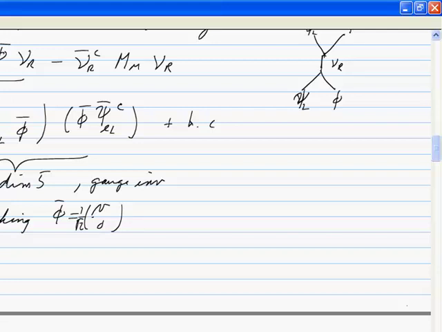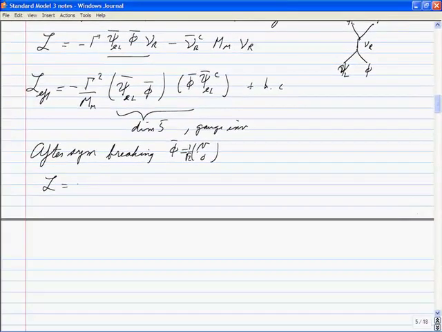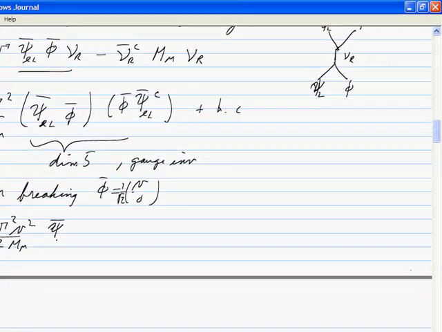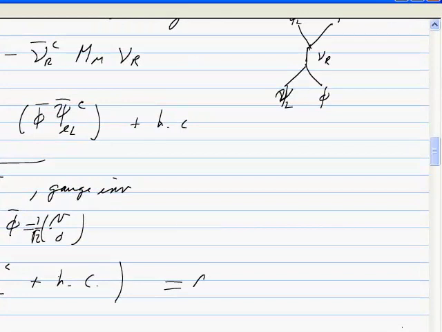This thing turns into minus gamma squared V squared over 2 M Majorana, psi bar left, psi bar conjugate left. Actually, I'm sorry, this is only neutrino left. And then this is our Majorana term.